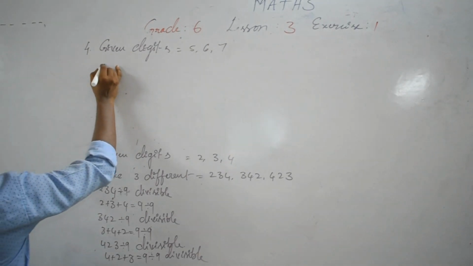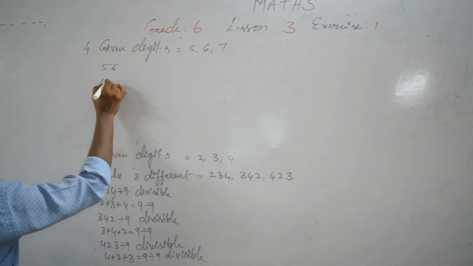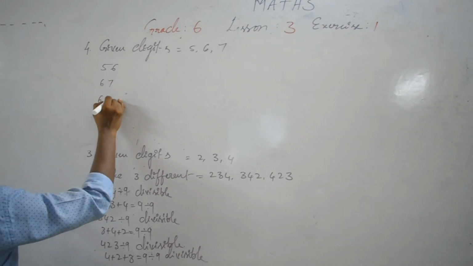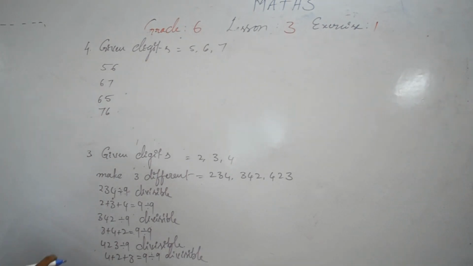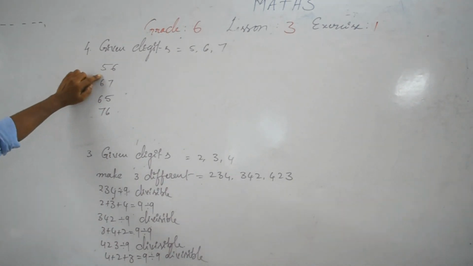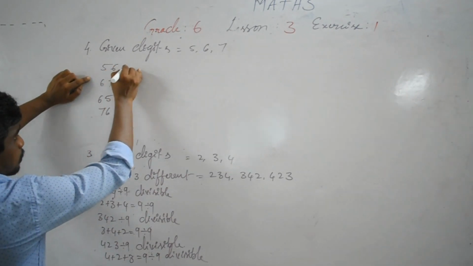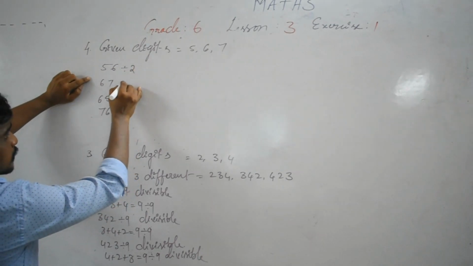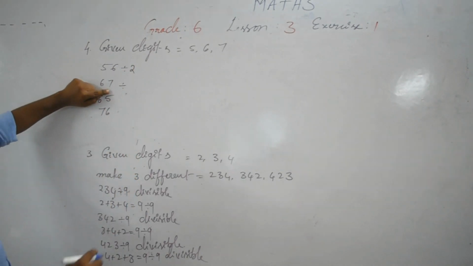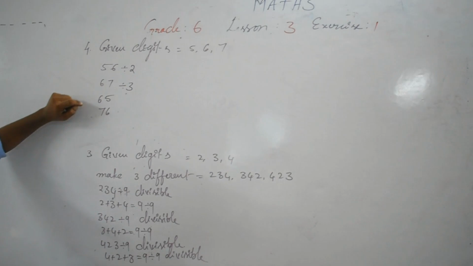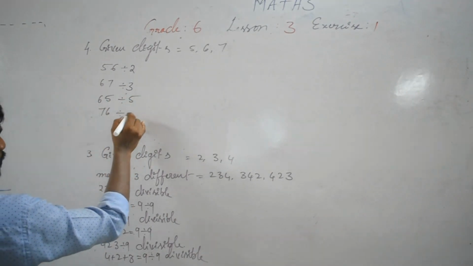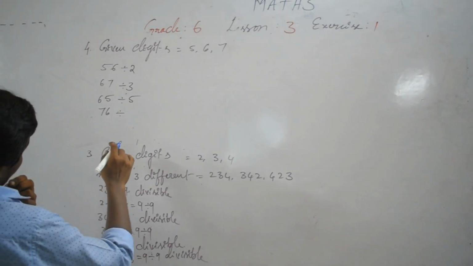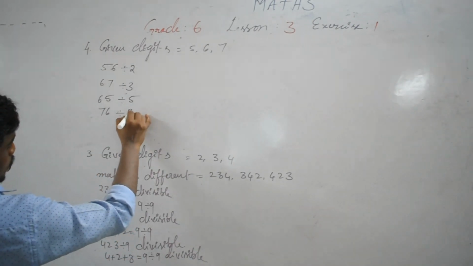56 is one number, 67 is one number, 65 is one number, 76 is one number. So these numbers are divisible by 2 only. This number is divisible by 3 only. This number is divisible by 5. This number is divisible by 2.